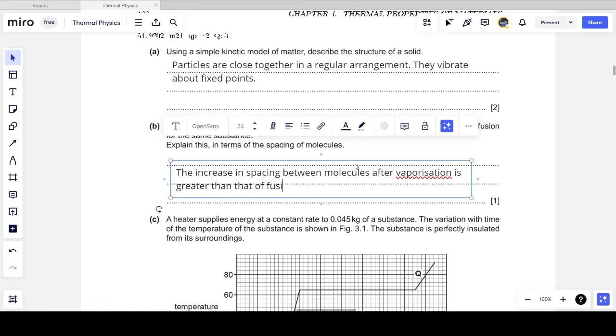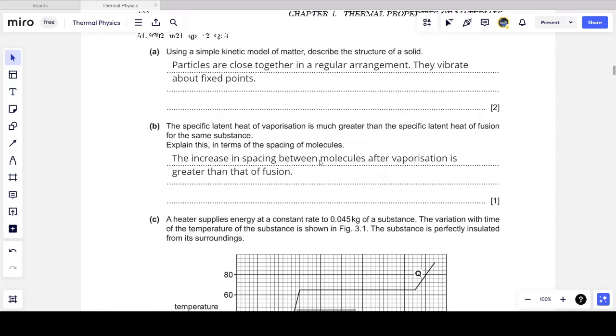And you can go on to speak about the reasons, because the increase in spacing is because when we go from a liquid to a gas, we are completely breaking the bonds, whereas when we go from a solid to a liquid, we are simply weakening the bonds. The bonds still exist, they are just weaker.